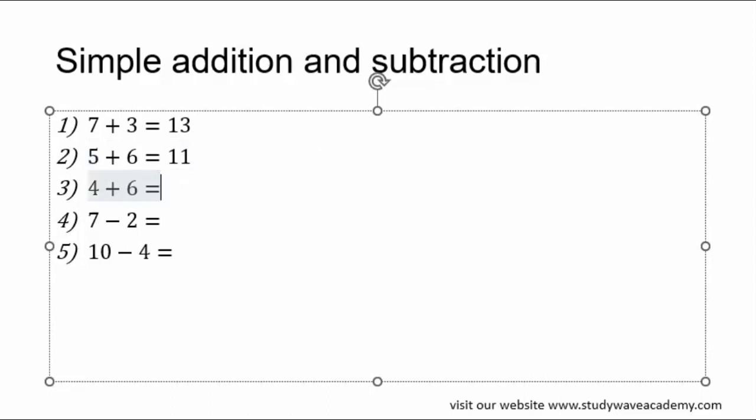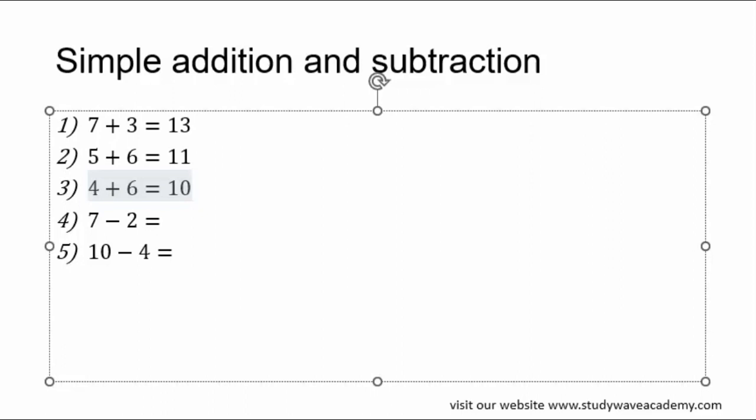Our next one we have 4 plus 6. 4 plus 6 is going to give us what? 10. Correct. I know you got that fast, right? Good. Our next number, number 4, we have 7 minus 2.